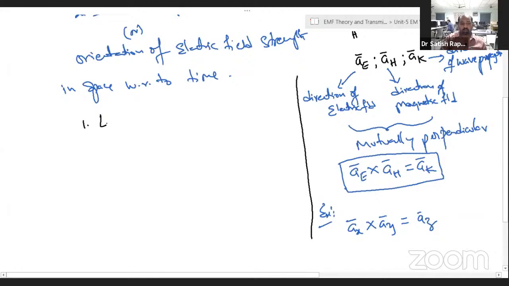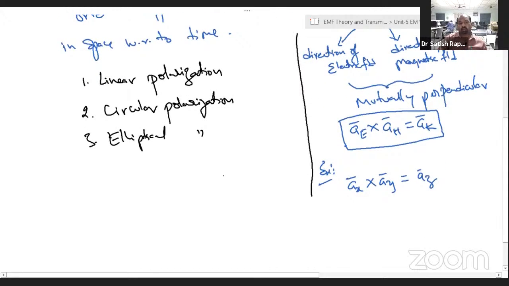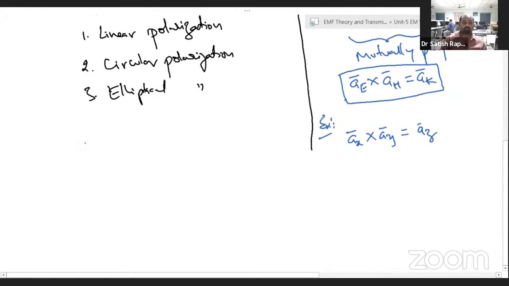So one is linear polarization, and second one circular polarization, and third one elliptical polarization, right? So these are three classifications in polarization. So first one, linear polarization.